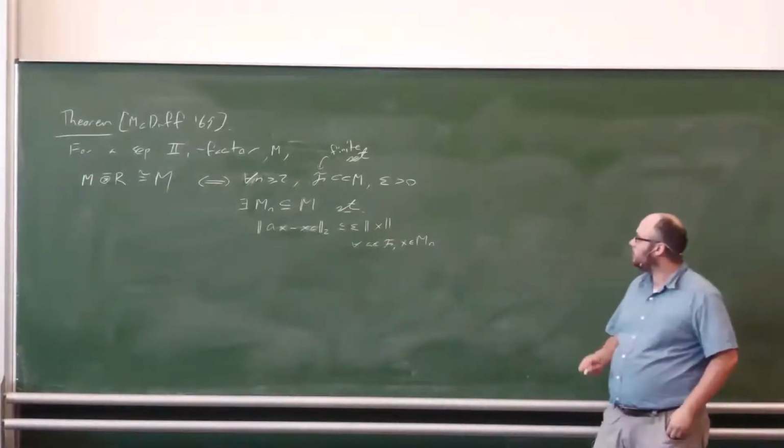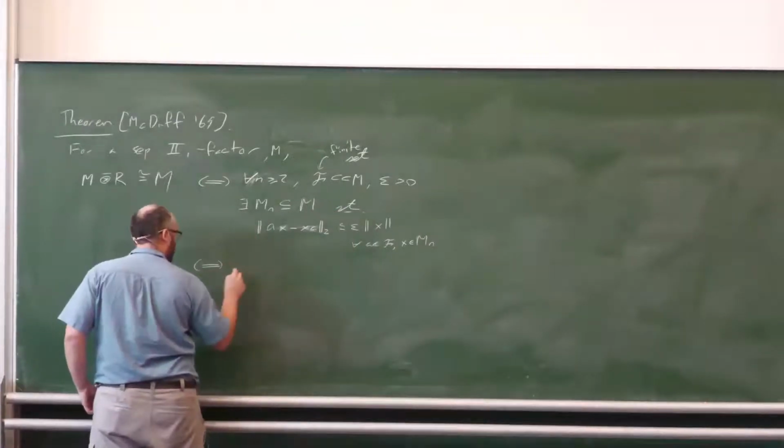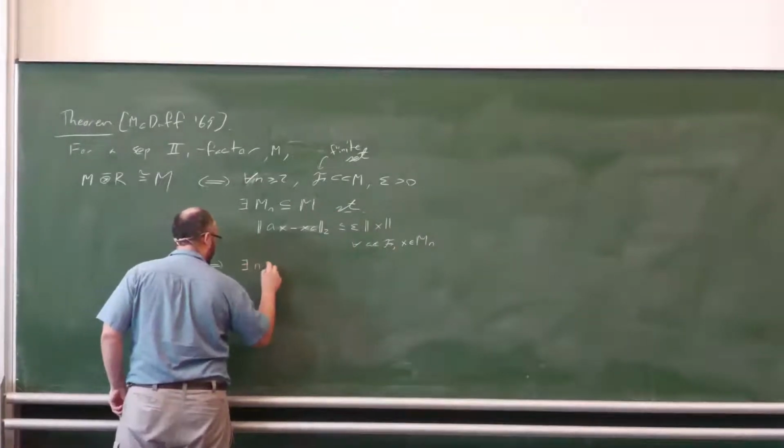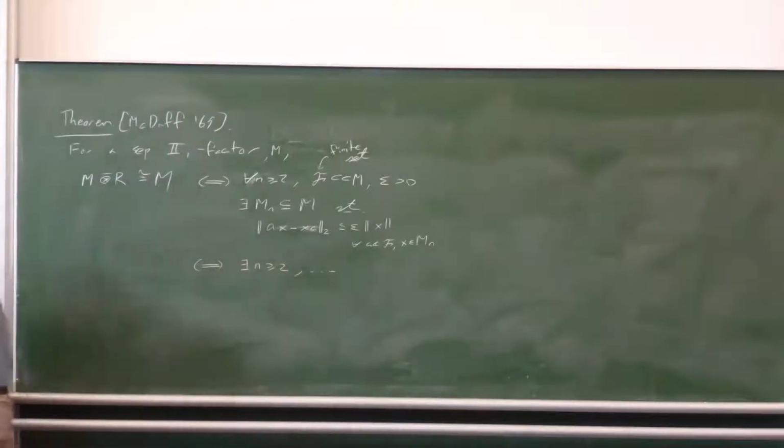That's also equivalent to the existence of such an n with that property. If you can do it with n equals 2, then you can do it with any other n.